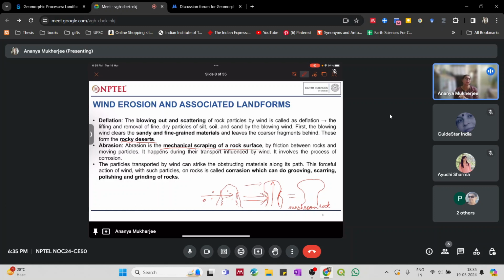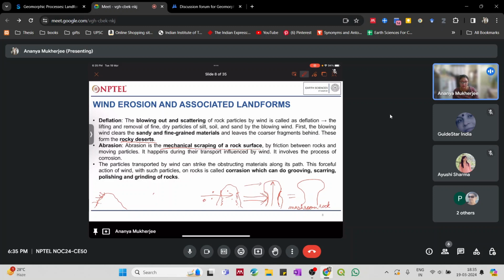Now another process is called corrosion. Obviously this can groove and scar and also polish the surface of the rocks. This might not erode the entire rock feature. So suppose this is your rock exposure, okay, and this part is getting hit by the different kinds of sediment particles.